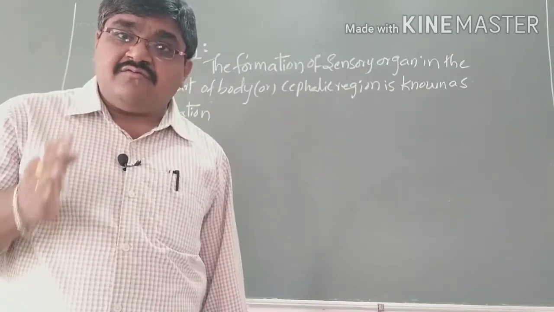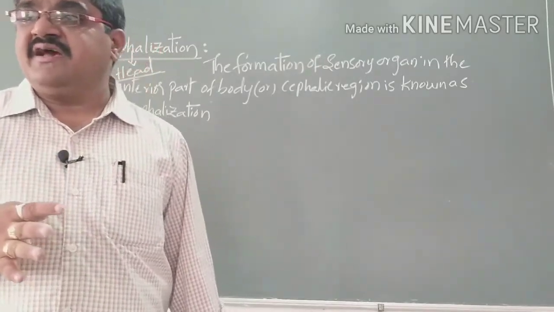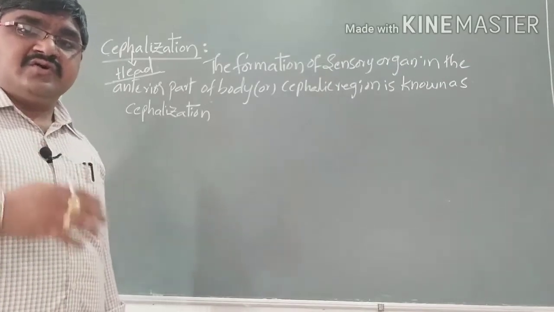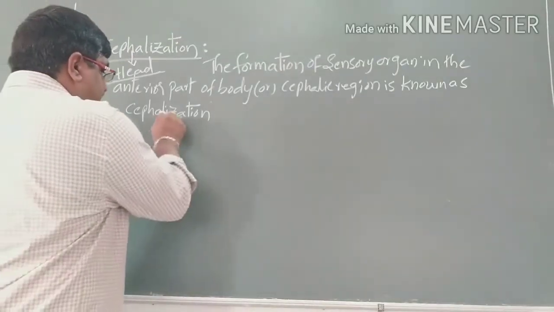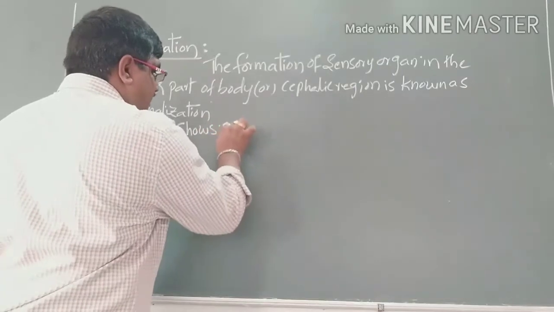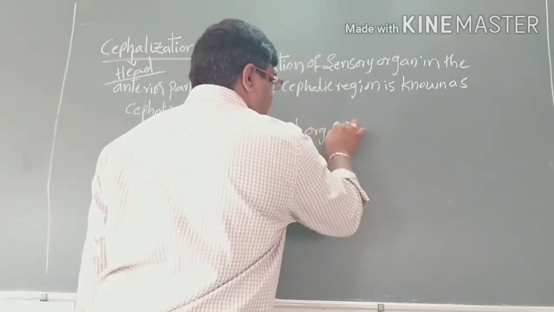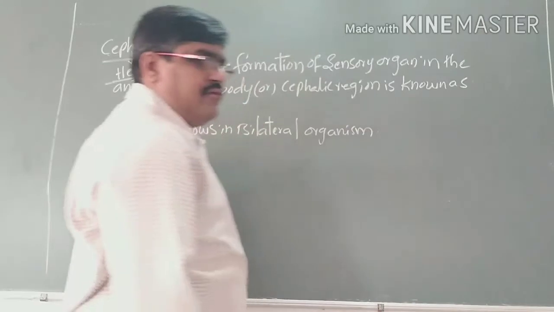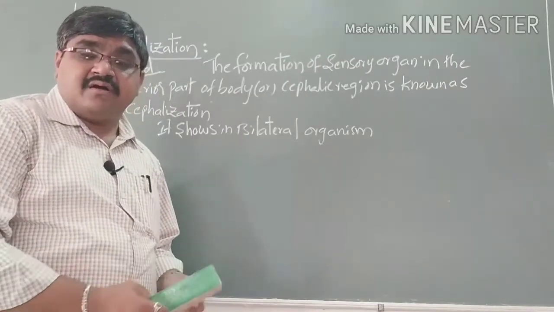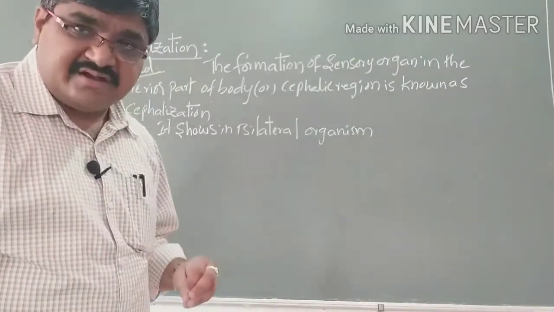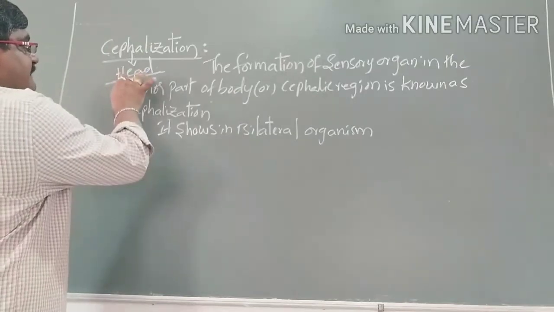The head consists of all the sense organs. All the sense organs that are present are helpful for the movement of organisms. So this process mainly occurs in bilateral organisms, where fast movement of organisms takes place. If the anterior part, the head, consists of all sense organs, we call this cephalization. Cephalo means head, that means the head formation.